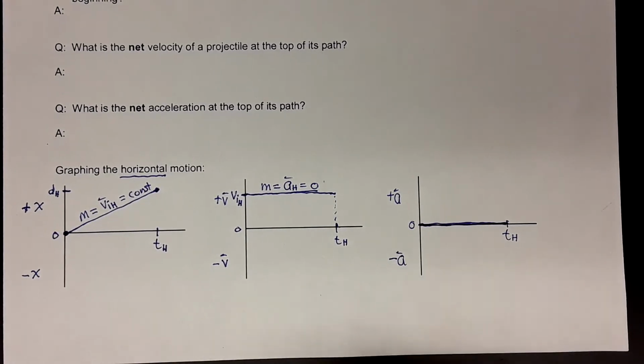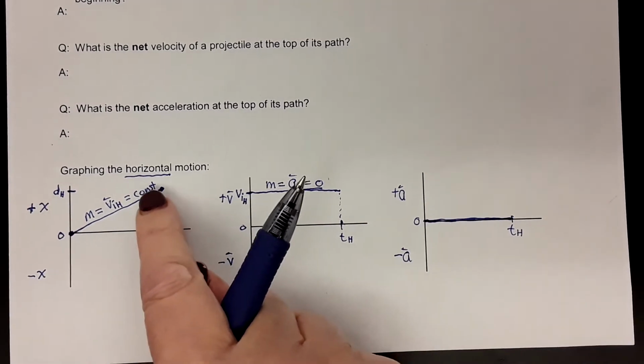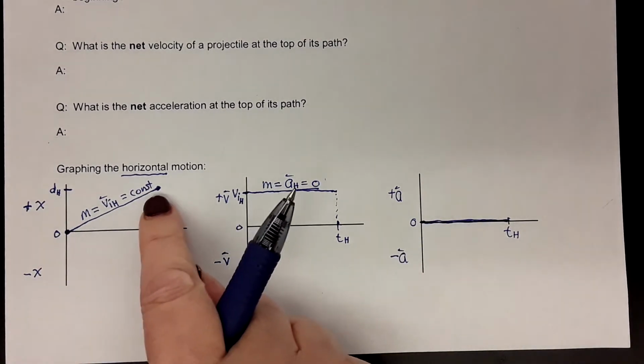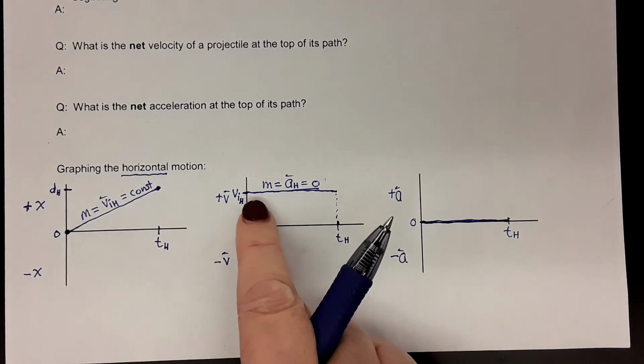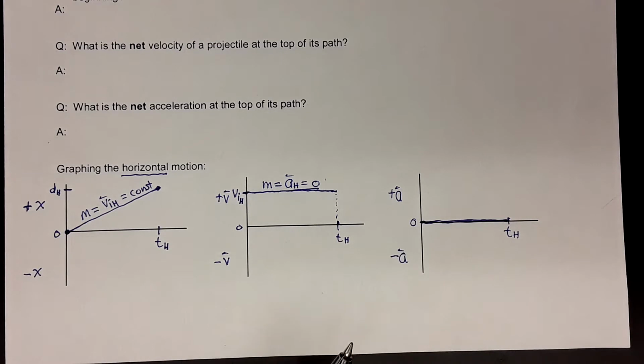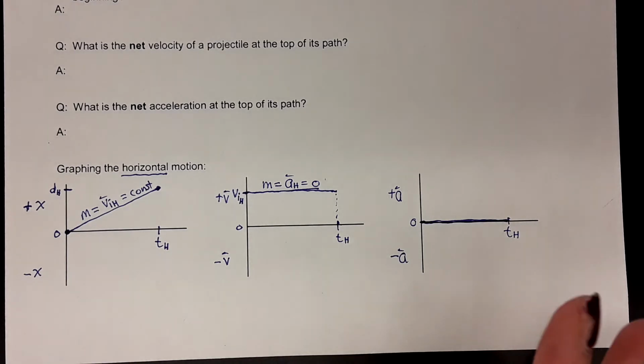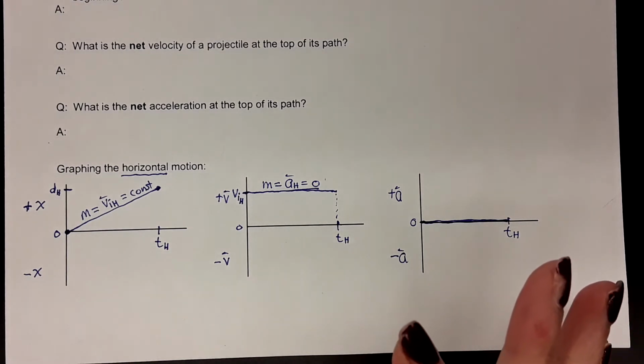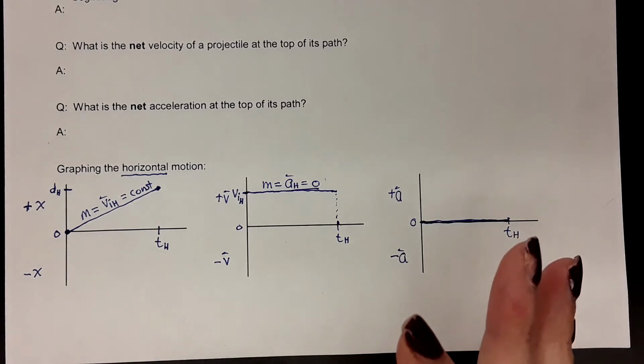Okay, so constant velocity, that means consistent change in position over time, and no acceleration. Got it? Okay, that's pretty much it for the horizontal motion. That's easy because it's like the half parabolas.